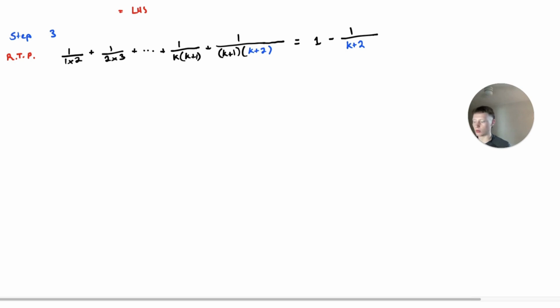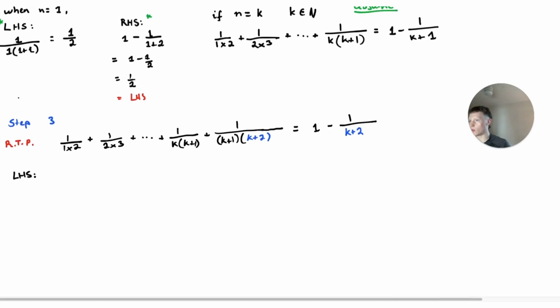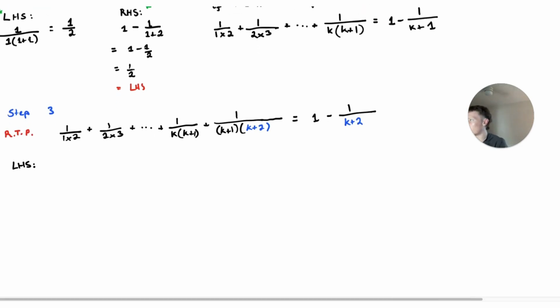So on our left-hand side, if we start there, we've got a whole group of terms, but importantly, we've got this sequence, which is the same sequence as found in the assumption step, which means instead of having this, we can transfer it into just being this on the right. And so that's what I'll do here.